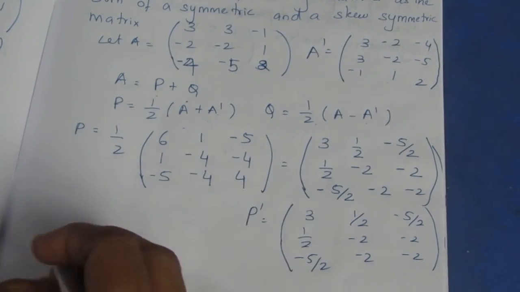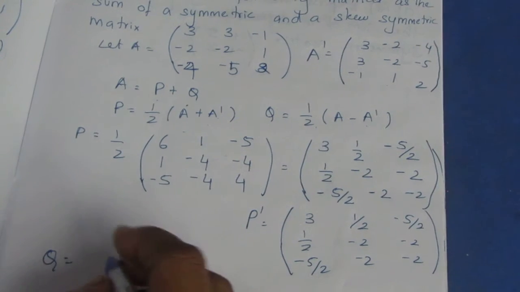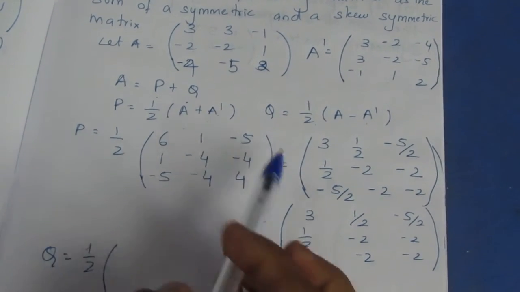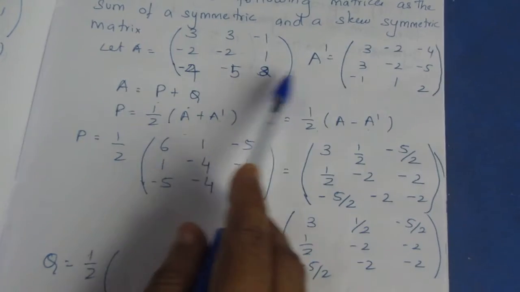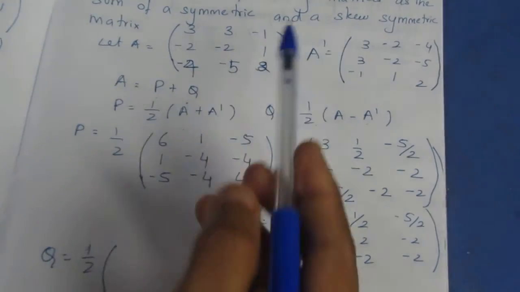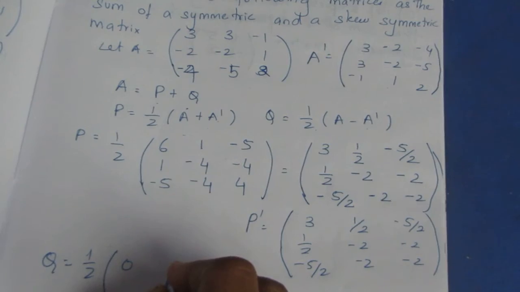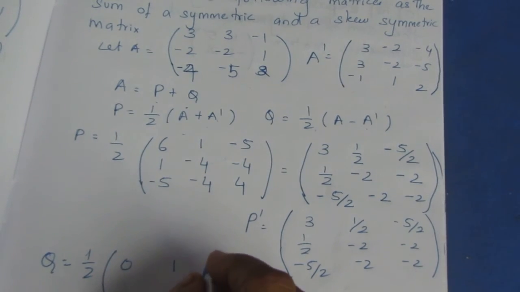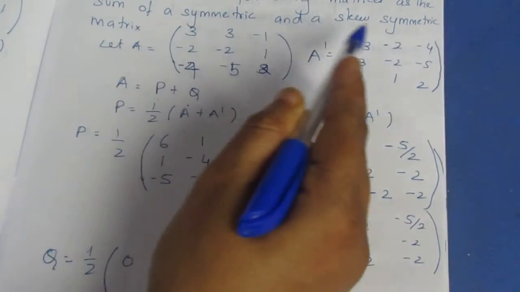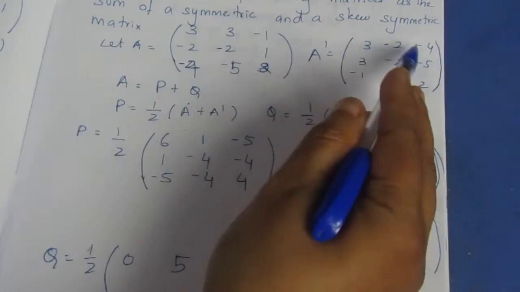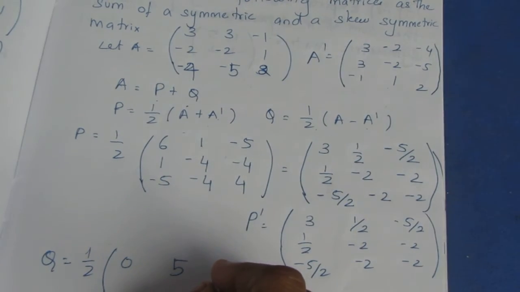The same way let me find the skew symmetric matrix. For that Q is half into A minus A transpose, the same way I need to subtract. Here it becomes 0. Here it becomes 1 minus 3, minus 3... 3 plus 2 becomes 5. Minus 1 plus 4 becomes 3.